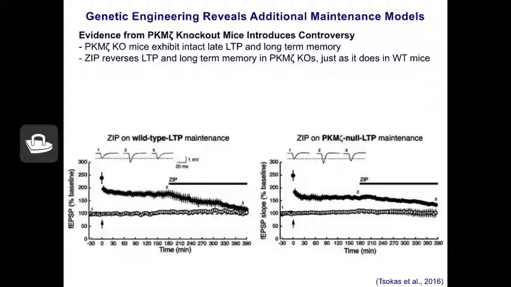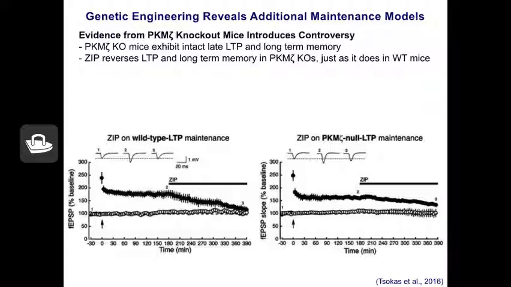One hypothesis was that protein kinase M-zeta is unnecessary for LTP in memory, meaning that ZIP actually acts on targets other than protein kinase M-zeta, just as Volk had proposed.